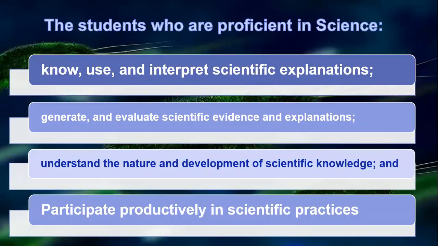Okay, so you as an elementary teacher, these are the things that you should look for or observe sa proficiency ng iyong mga estudyante in science. The first one is they should know, use, and interpret scientific explanations.